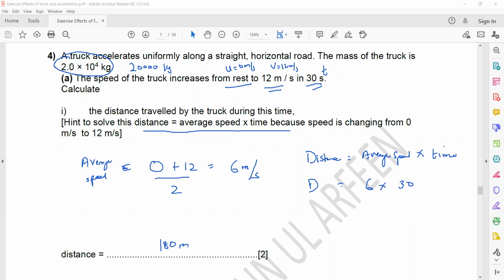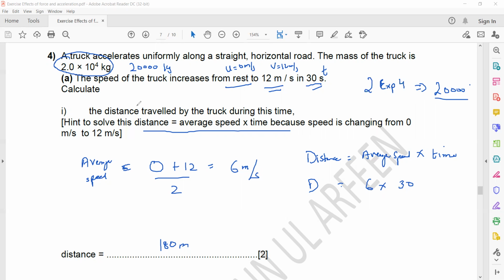It is 2 exponent 4, or 2.0 exponent 4, which means 20,000. On your scientific calculator, you put 2, then there is a button EXP, and then write 4, and it will come out as 20,000. So the mass is actually 20,000, but for the first part we don't need the mass.